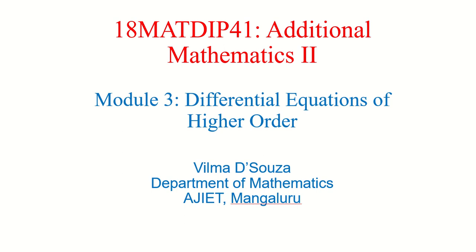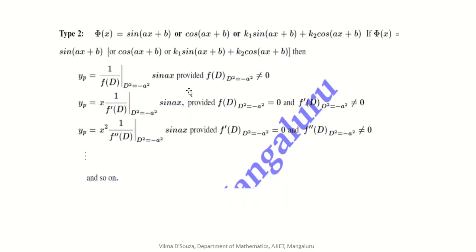In the first video session we have seen how to find CF or YC, that is the complementary function. In the second video session we have studied how to find the particular integral when phi of x is equal to e power ax. So today we are going to study how to find the particular integral when phi of x is either sine function or cos function.